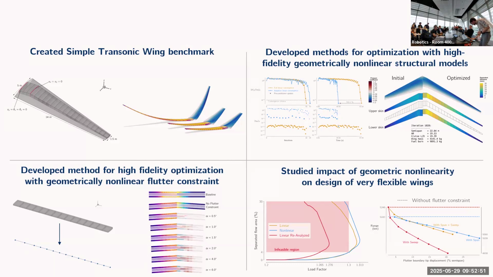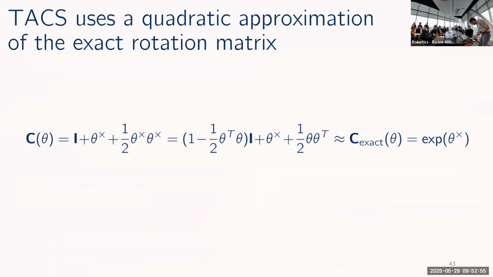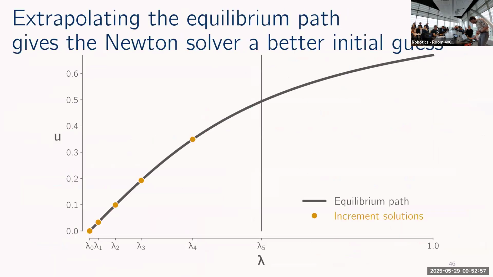Yeah, let me try and find that slide. Yeah, so what I do inside the solver is I save the last n solutions of each load increment, and n is a number the user can choose, but typically anywhere between 3 and 6 points.